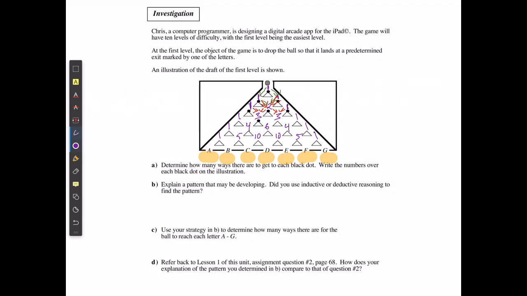Which means once I drop down to the very bottom, there's only one way to get to A, there's one way to get to G. If I add the 1 and the 5, there's 6 ways to get to B, there's also 6 ways to get to F. If I add the 5 and 10, there's going to be 15 and 15, and for the 10 and 10, there's 20 ways to get to the one that exists in the middle on the bottom.